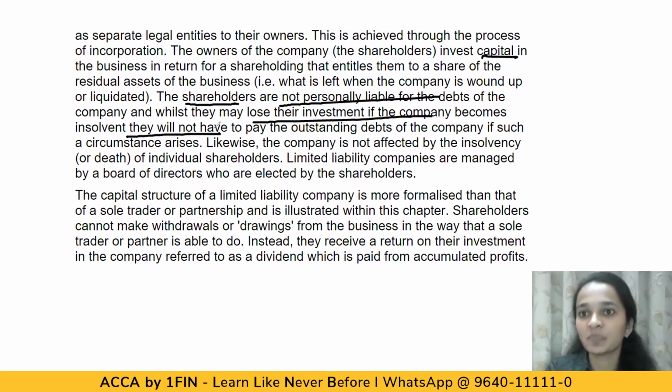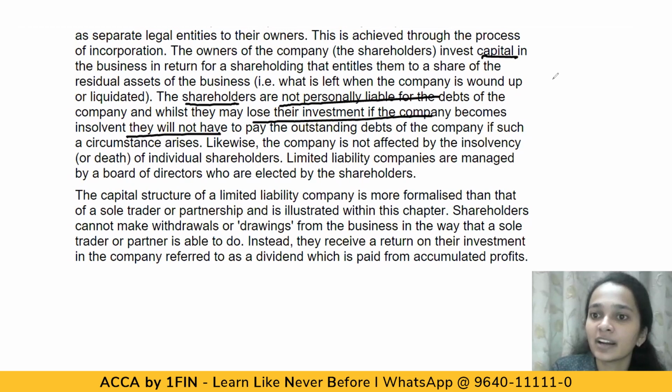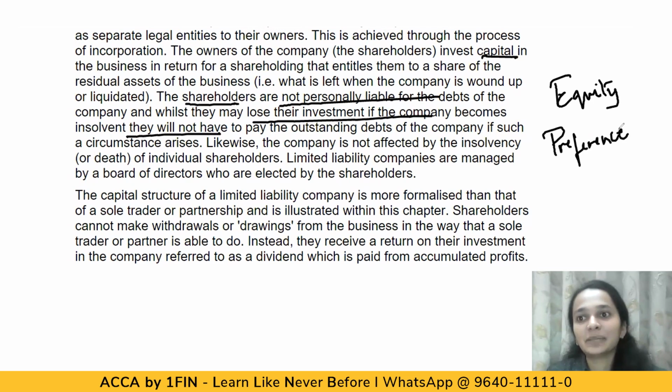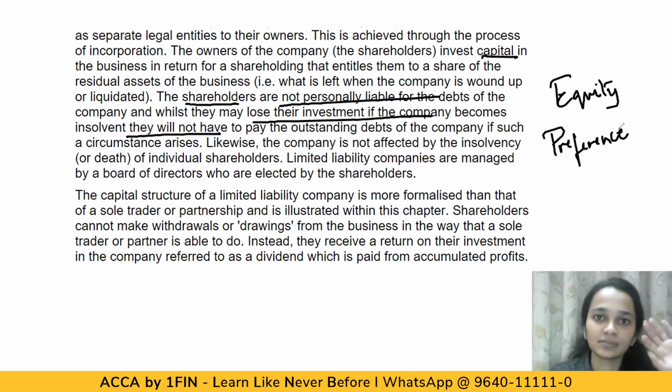Now, what does this mean? You all know that there are two types of shareholders: equity shareholders and preference shareholders. Now, when we talk of liquidation or winding up of a company, at that time, the shareholders are the last ones to receive back their money.